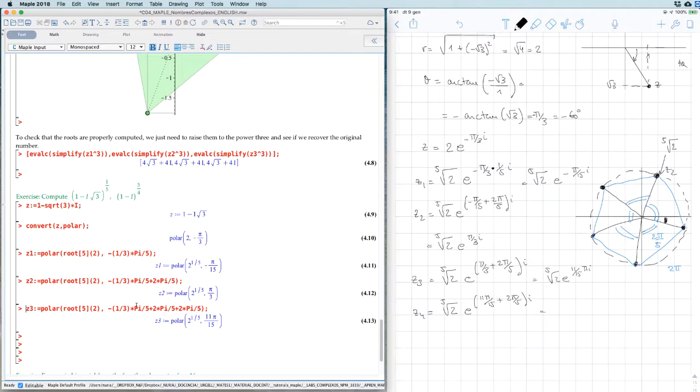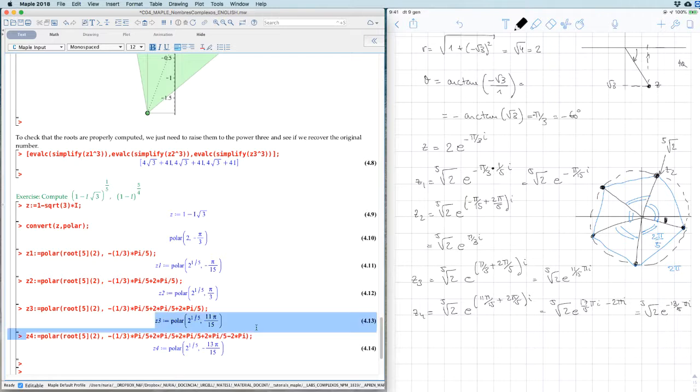So what I get now is z4: I do the same, I add again 2 pi over 5, and I get this one, e to the power 17 over 15 pi i. Don't forget the i, never forget the i. So now if I want to get the principal argument, I need to subtract 2 pi. So this is going to be equivalent to the fifth root e to the power minus 13 over 15 pi i.